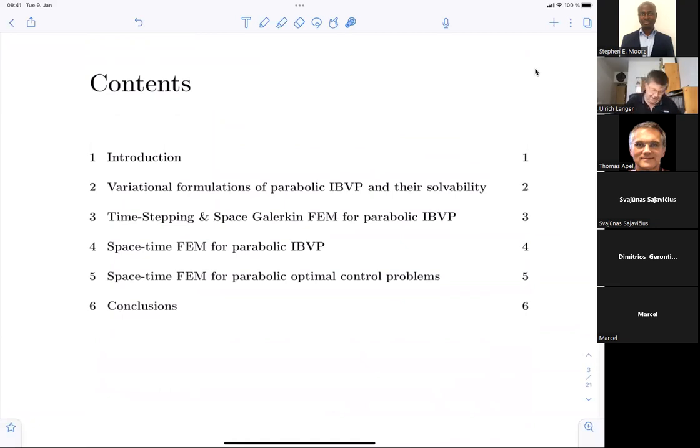First, I look at the classical time stepping plus space Galerkin finite element discretization. Then the full space-time finite element method for parabolic problems, parabolic optimal control problems, and finally conclusions.